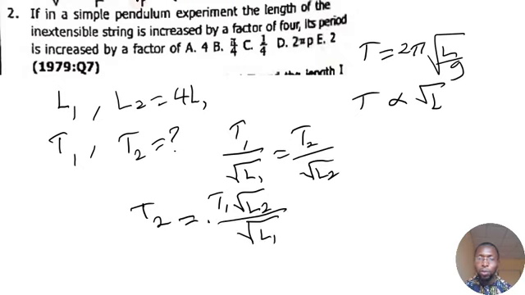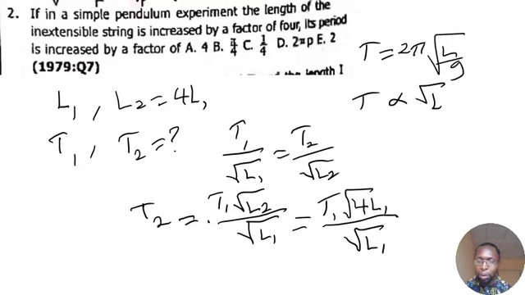All right. So from there, we say T1 square root of L2. L2 is 4L1, so square root of 4L1 over square root of L1 itself. Okay. You get it now?